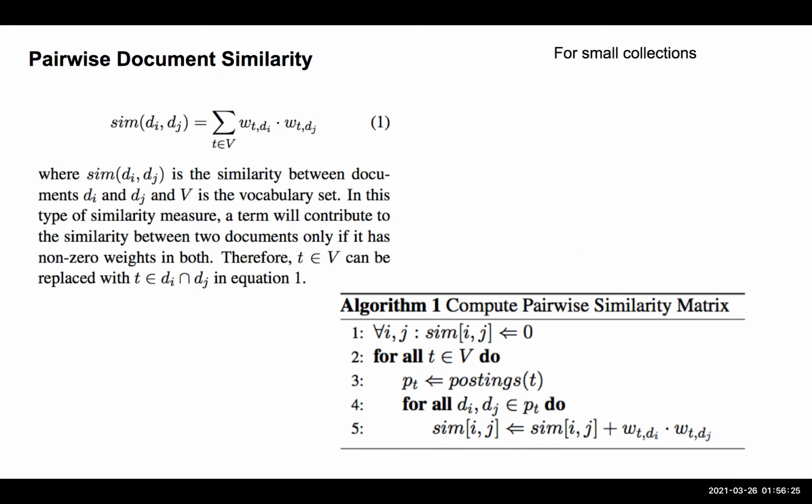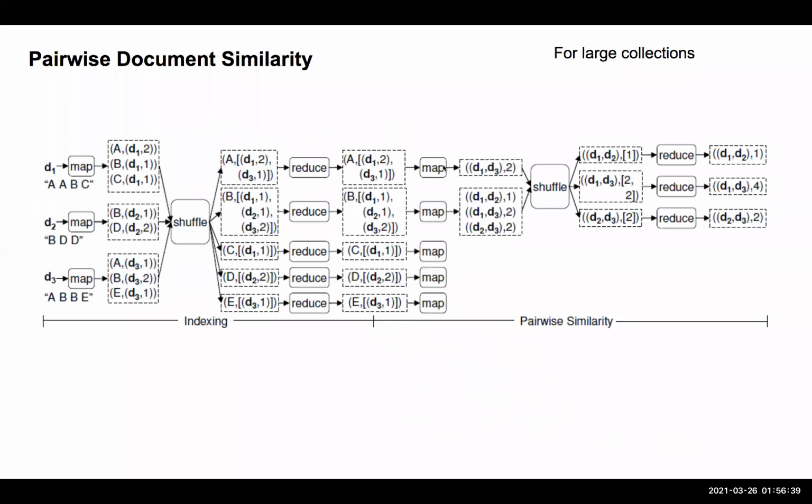However, this type of method is quite time consuming and not efficient enough for large collections. So that's why the authors tried to explore MapReduce methods to do pairwise similarity in large collections.